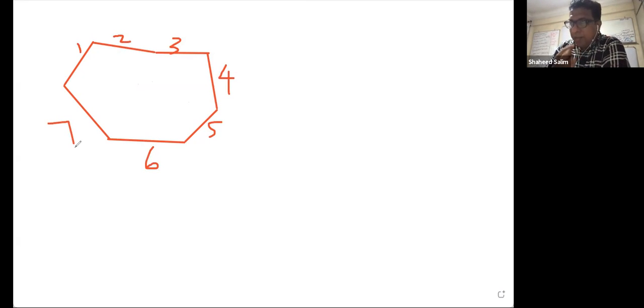Can you all find out the sum of the angles here? There are 7 sides. According to the formula, you make 2 less triangles. You must minus 2. 7 minus 2. How many triangles can you get? You get 5 triangles.